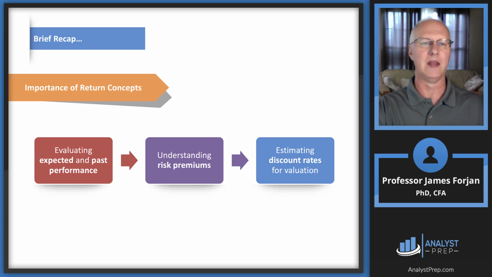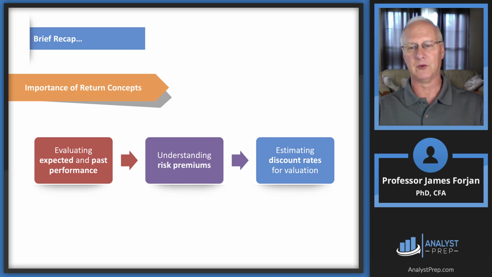We start with that, say that has absolutely no default risk, and then we have to add premiums. Maybe there's a premium for liquidity, maybe there's a premium for risk, maybe there's a premium for something else out there. We'll investigate that concept of a premium in some slides today. Then we take those risk premiums and try to figure out a reasonable interest rate or a discount rate to estimate value.